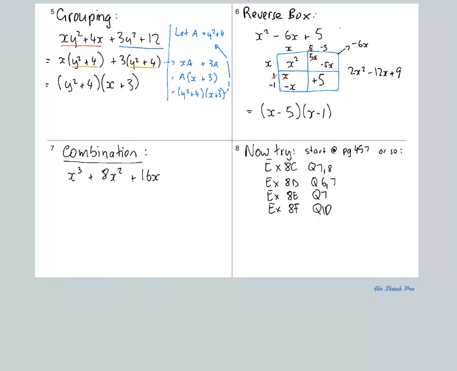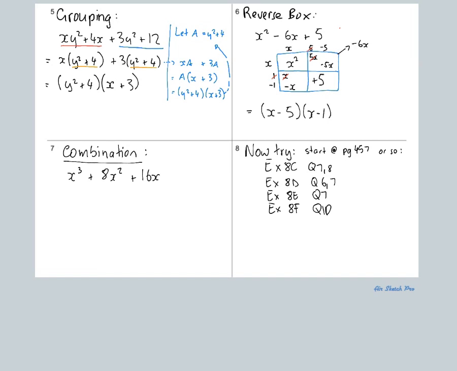Something like that, you can't say what two numbers will multiply together to give me 9 that will add together to give me negative 12, because of the 2 instead of the x squared. That intuitive approach of what numbers will work only works when the coefficient of x squared is 1. If the coefficient's bigger than that, then you need to be much more careful, and then using something like the reverse box method is good.